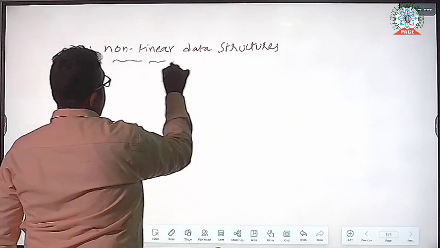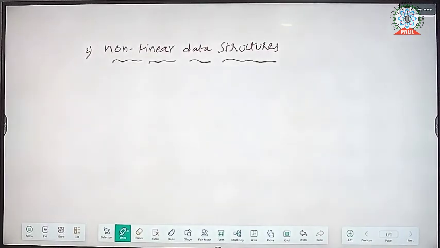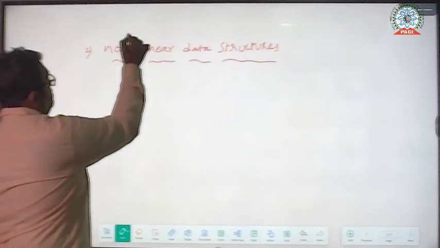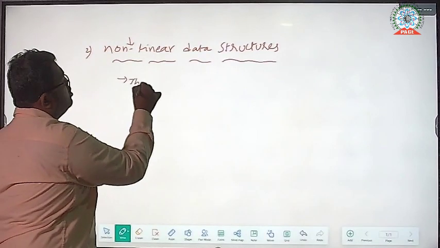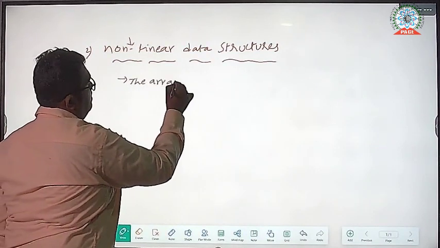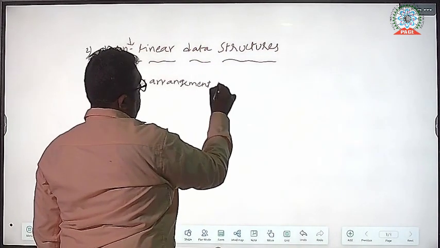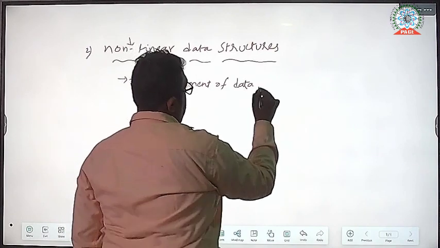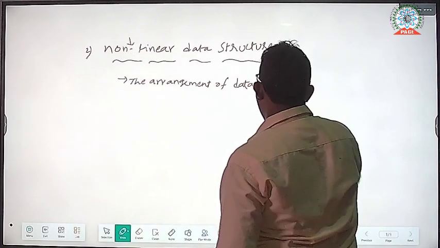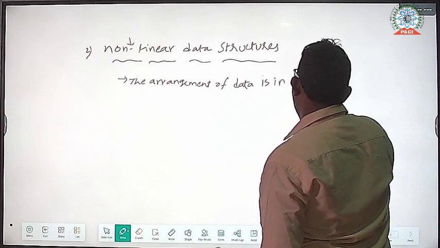So as I discussed earlier, non-linear, that means the arrangement of data is in a non-linear way.